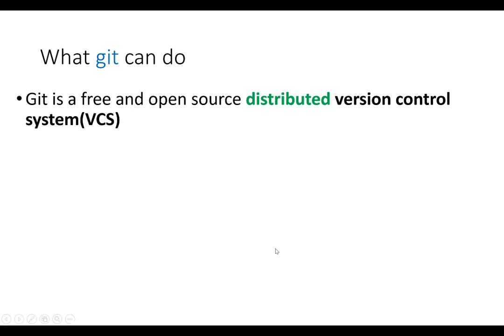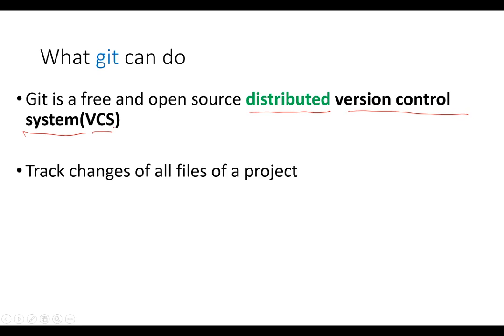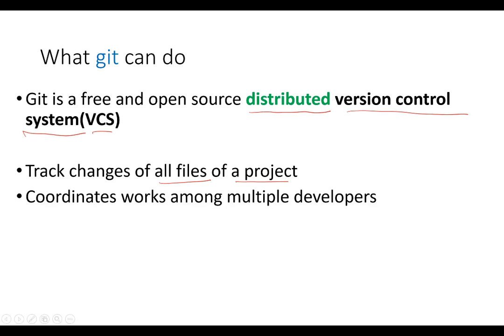Git is such a software tool. It is a free and open source distributed version control system, simply called VCS. Using Git, you can keep changes of all files of a project. You can coordinate work among multiple developers.